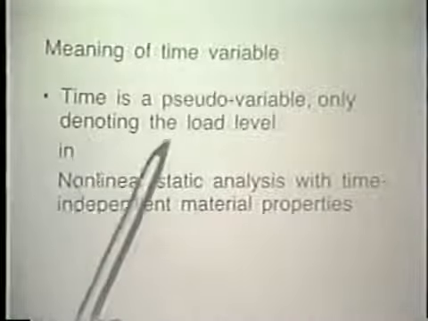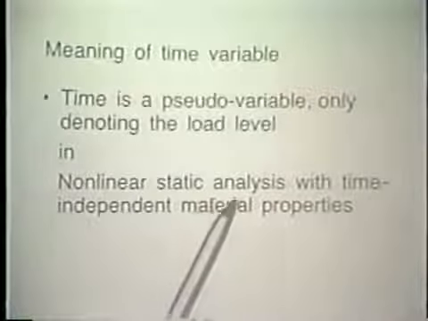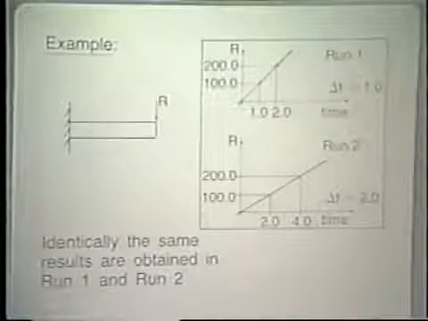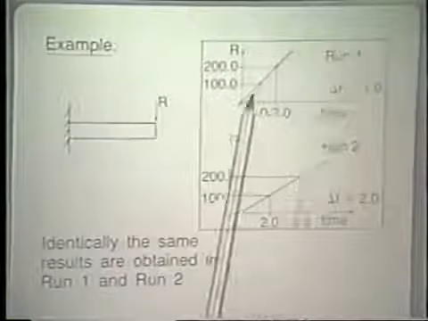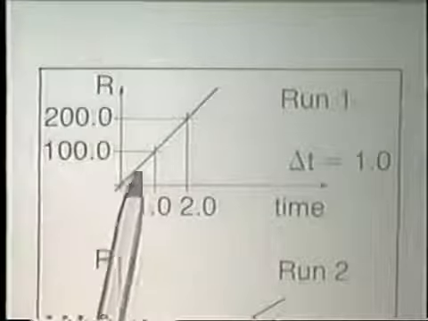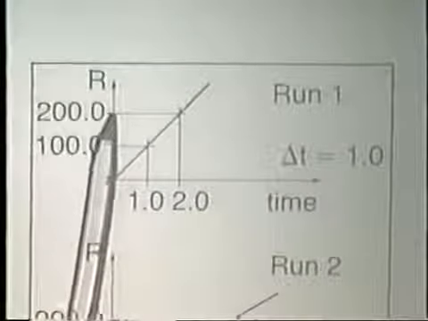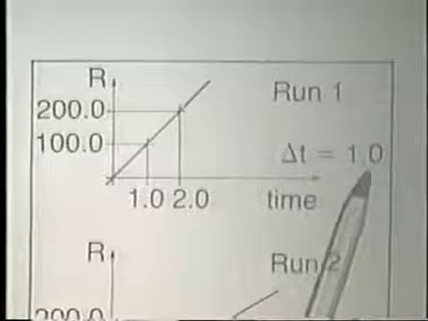Let us look a bit closer at the meaning of the time variable. Time is a pseudo-variable only denoting the load level in nonlinear static analysis with time-independent material properties. As an example, here we have a cantilever subjected to a tip load R, and if we were to perform a run 1 in which we prescribe the loads as shown here, notice at time 1 a load of 100, at time 2 a load of 200, delta t is equal to 1.